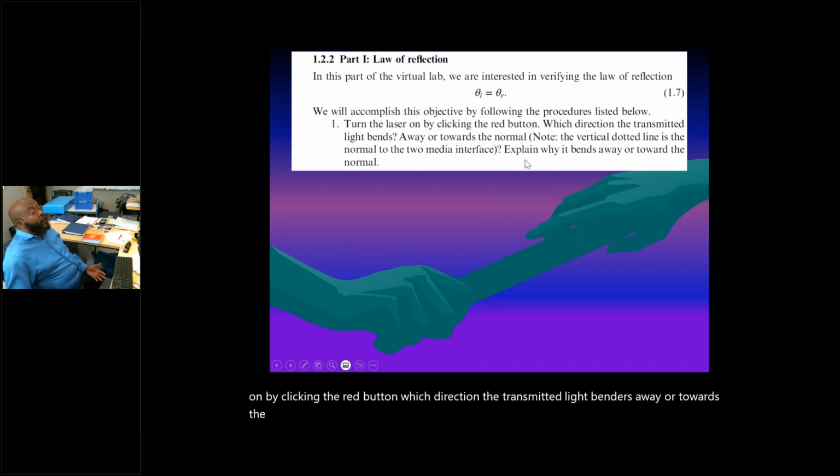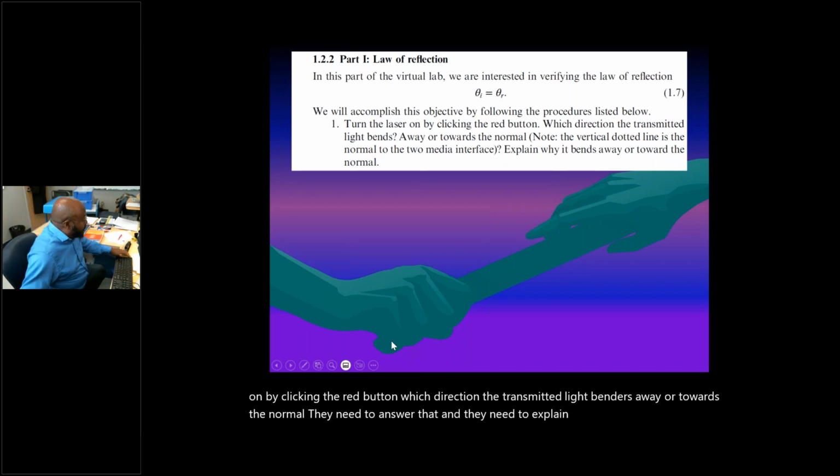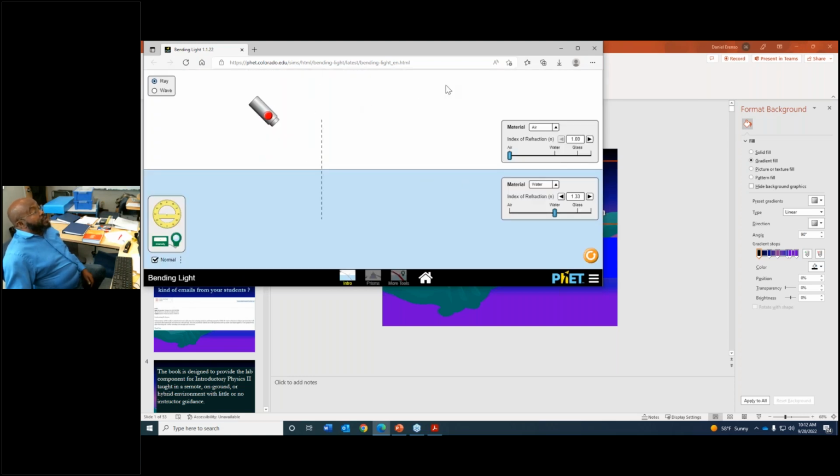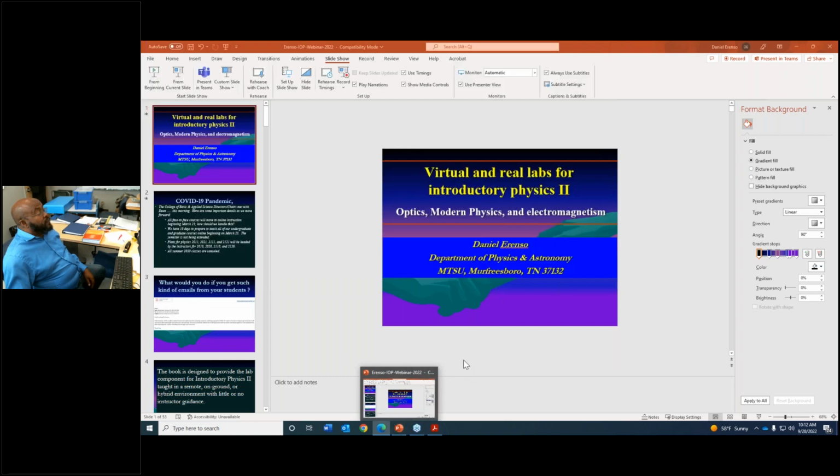They need to answer that, and they need to explain why. Just to show you, when they click that, that's what they see. The instruction tells them to click that. They see the incident light partly reflected, partly transmitted. In this case, it bends toward the normal. So they need to answer these questions.